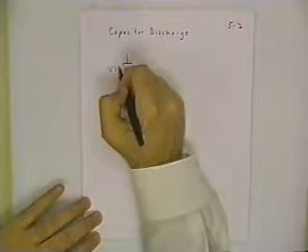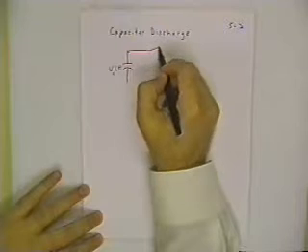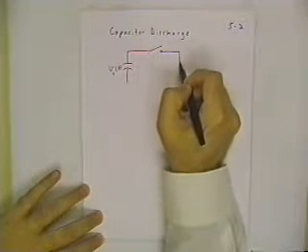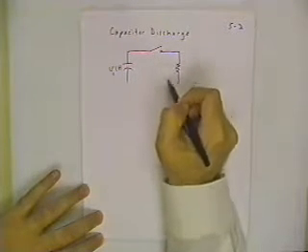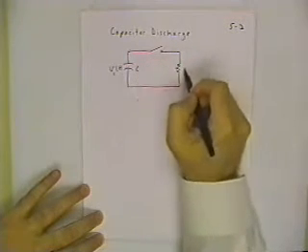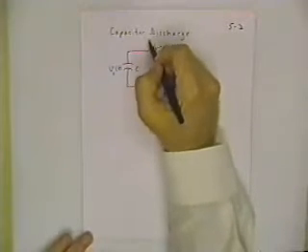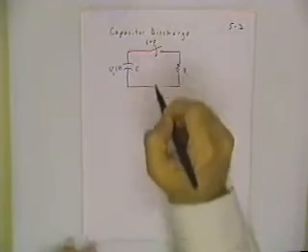So if we say this is a voltage Vc as a function of time, and here's a switch and a resistor. The capacitor has capacitance C, the resistor has resistance R, and this switch closes at t equals 0.